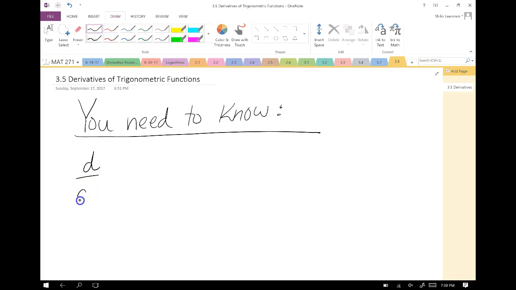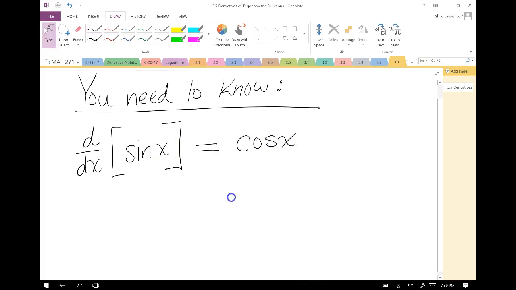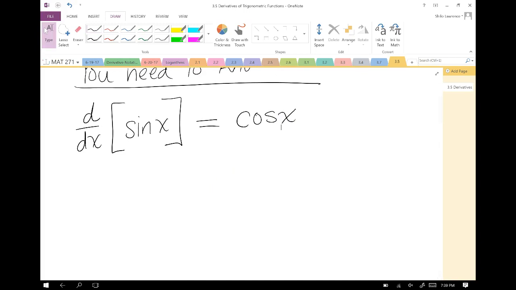So the derivative for the sine of x, so x is the angle. Hopefully you remember that from trigonometry class. The derivative for the sine of x is the cosine of x. That is one that we just need to know.